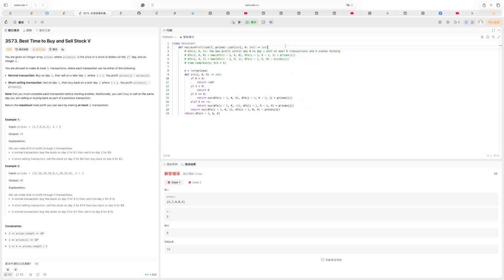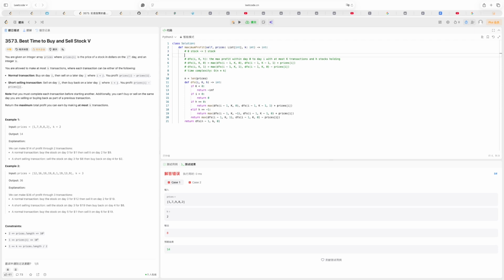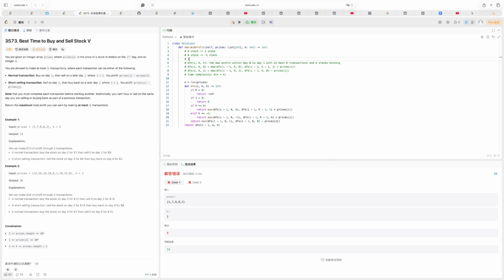So I'll have no stock, like 0 stock to 1 stock, and you can have 0 stock to -1 stock, and for 1 stock you can only sell.